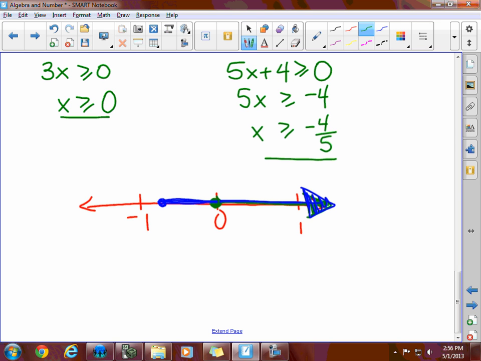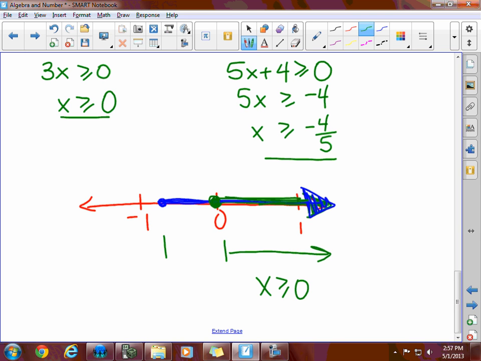So I've got two things: I've got from this green dot on, and I have from that blue dot on. Only one of these would satisfy the original equation. This one says it has to be bigger than negative 4/5, but the other one says it has to be bigger than 0. So the one that satisfies both of them is x is greater than or equal to 0. As long as that happens, the x value would make both those radicands positive and would work.